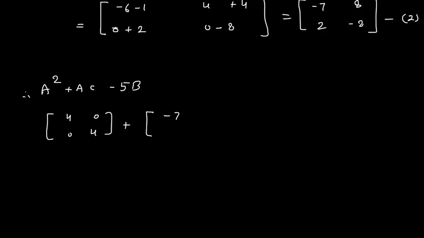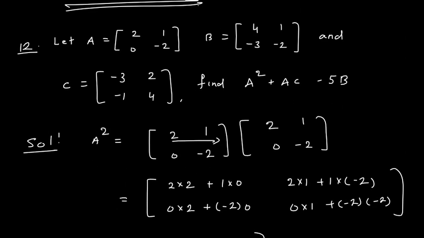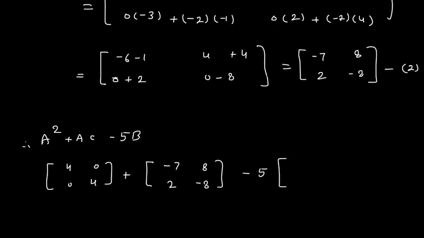Let us see again whether it is right. B is [4, 1; -3, -2]. Okay, this part is minus 3 and this part is minus 2.